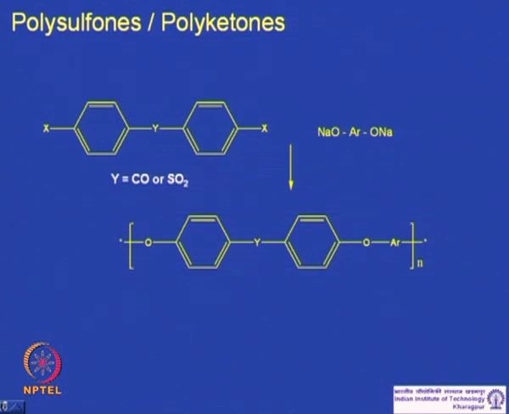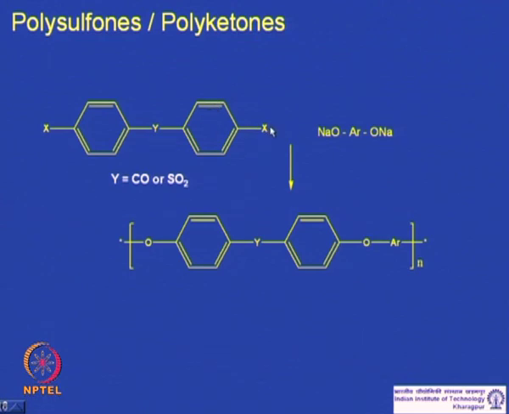The next set of polymers we go to is polysulfones and polyketones. The generic structure is this. It is similar to the bisphenol A structure we showed for polycarbonate, but in this case X is halide instead of OH, and Y is either a carbonyl or an SO2 group.